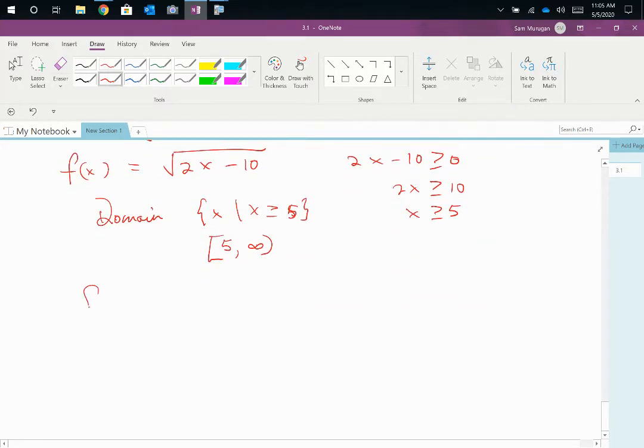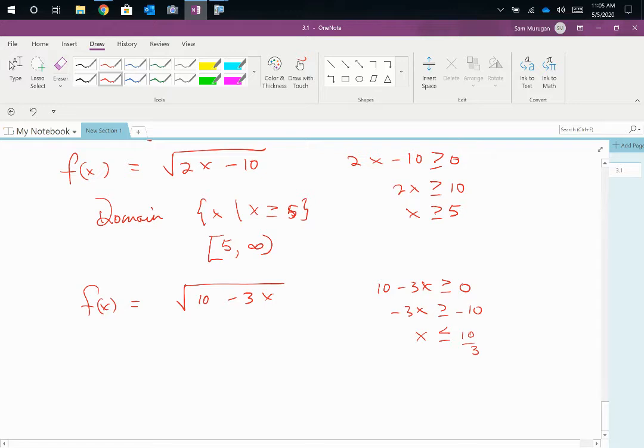Or we might have something like f of x is equal to the square root of, say, 10 minus 3x. So we set 10 minus 3x greater than or equal to 0. Take away 10 from both sides. We have negative 3x greater than or equal to negative 10. And then dividing both sides by negative 3, we have to flip the inequality. x is less than or equal to 10 over 3.